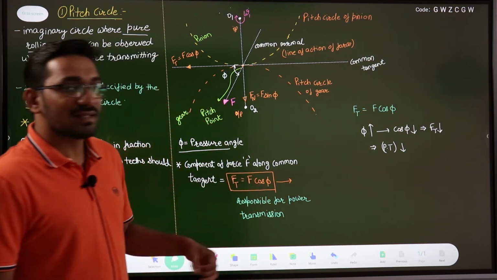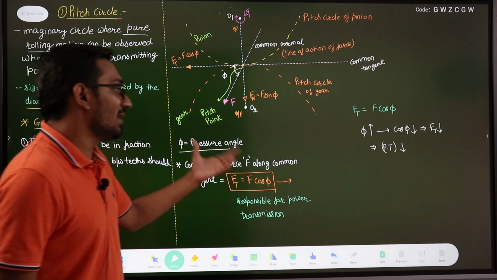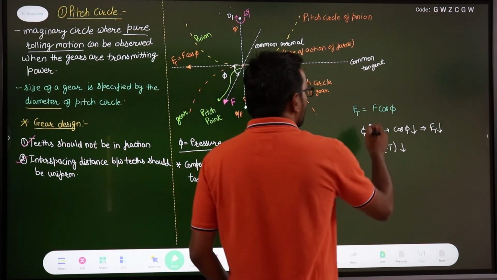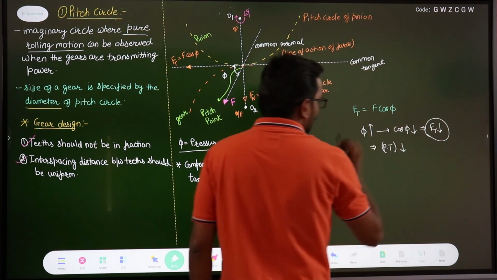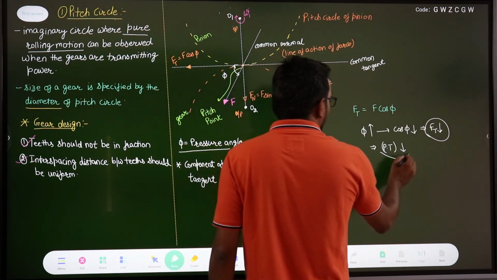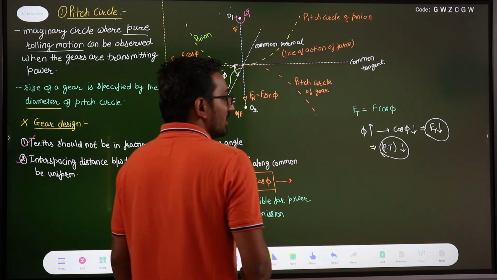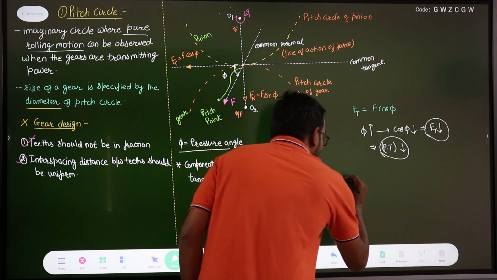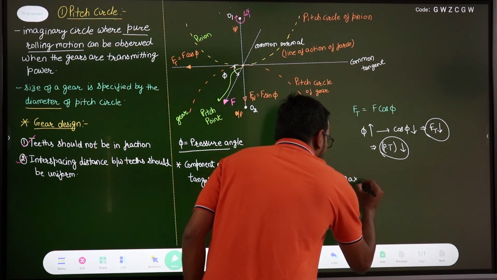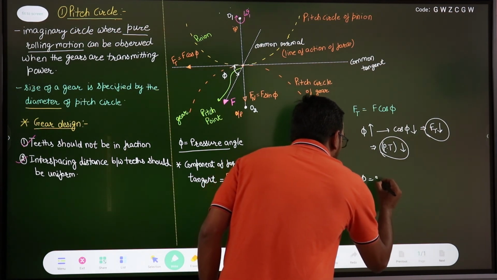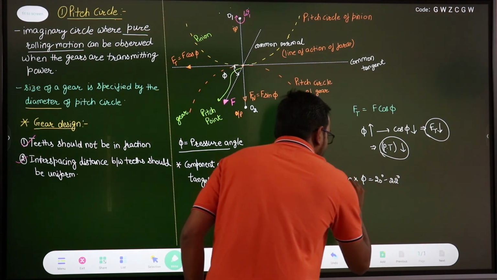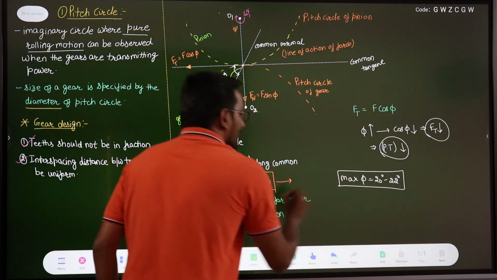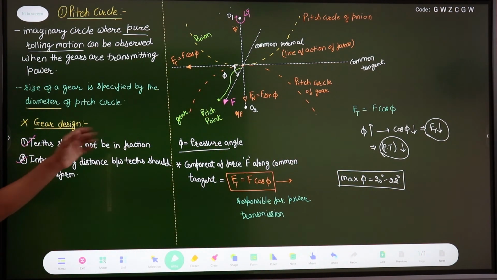If you increase the pressure angle, the transmitted force will decrease, and as a result power transmission will decrease. So the maximum value of phi will be between 20 degrees and 22 degrees.